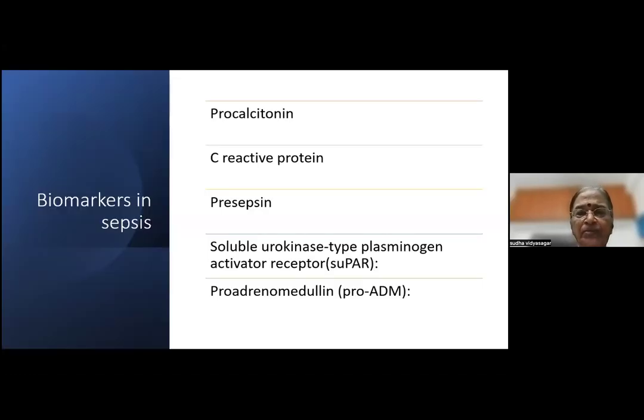So in this talk, with this introduction, we will go into these biomarkers: procalcitonin, C-reactive protein, presepsin, suPAR, and proadrenomedullin. I'm not covering all the biomarkers. I'm just picking up these which are more often used, and some of them are upcoming.